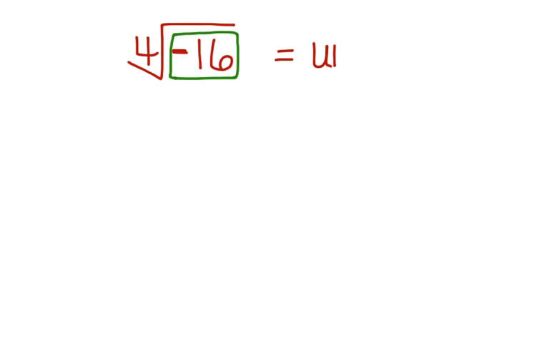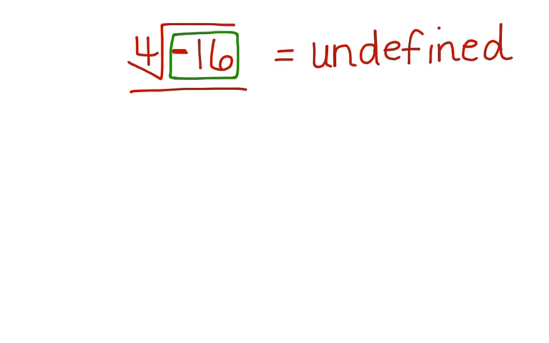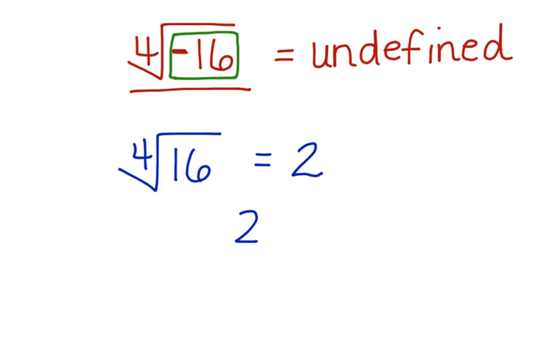We say it is undefined because we can't find an accurate answer for this problem. However, if we had the fourth root of 16, we could say that that is 2, because 2 times 2 times 2 times 2 gives us 16.